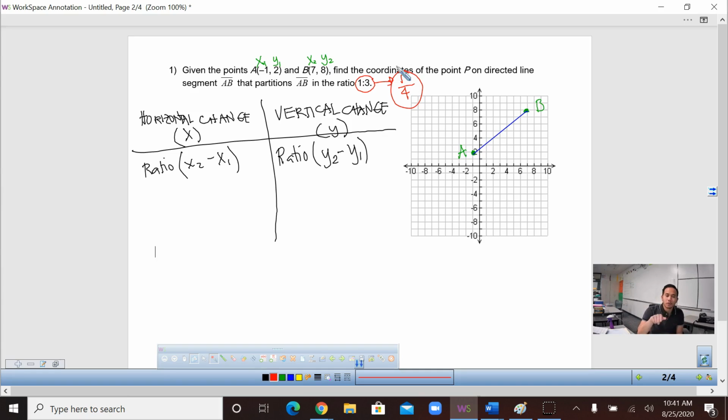So 1 unit, A is 1 unit away from P, and P is 3 units away from your B. So let's start with this.